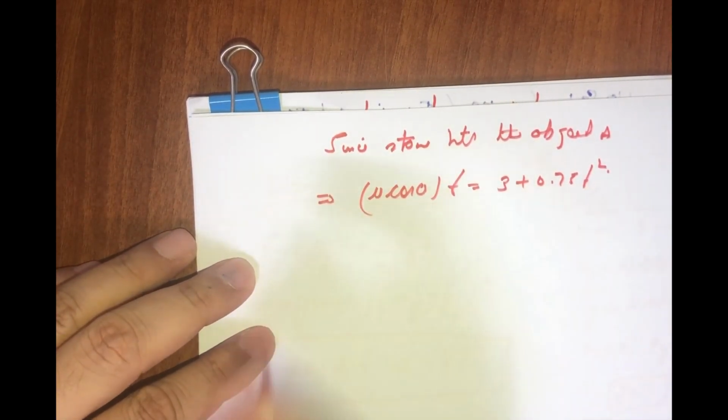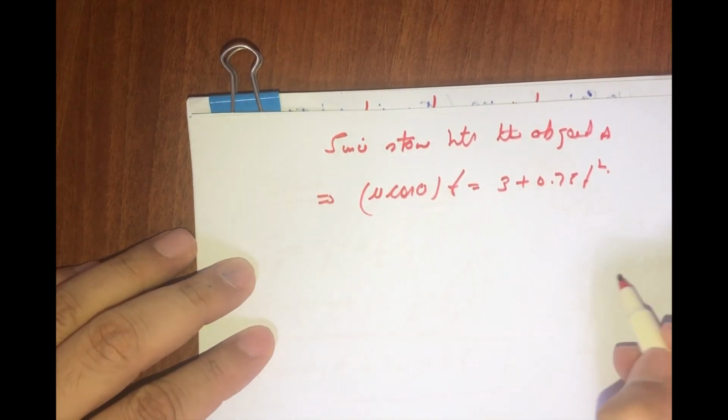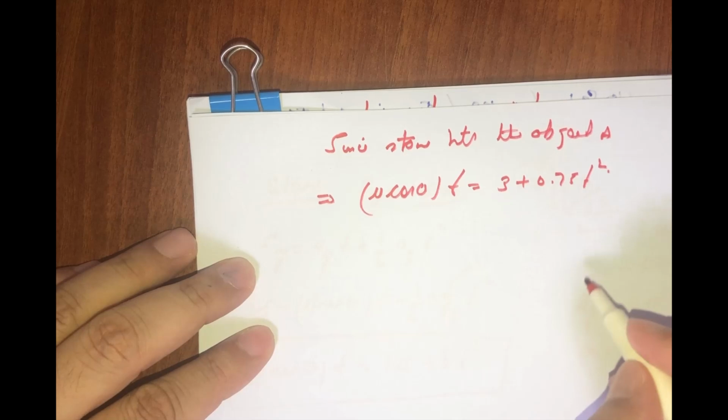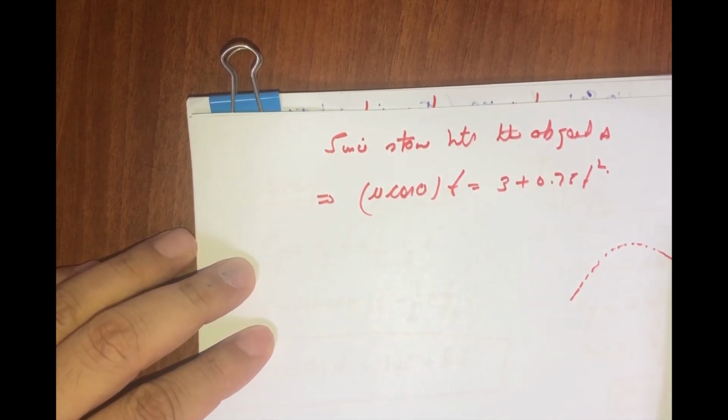And we also know that the stone hits the object when it is coming in the downward direction. So let us suppose, here is the object. If we divide the velocity into two parts, and the angle is given as 45 degree, this will be our Vx and this will be Vy.